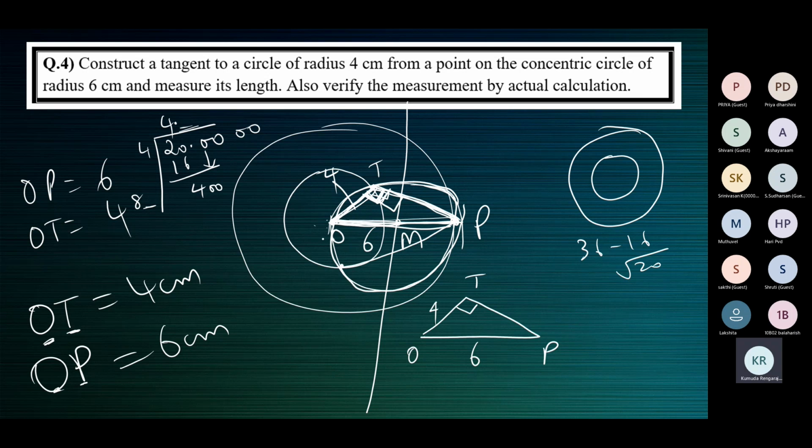OT is the radius of the inner circle. OP is the radius of the outer circle. So you know their lengths. TP is the only new line segment, which is the tangent. And you can find TP using Pythagoras theorem. It should be the same. You must get 4.5 when you measure using your scale.